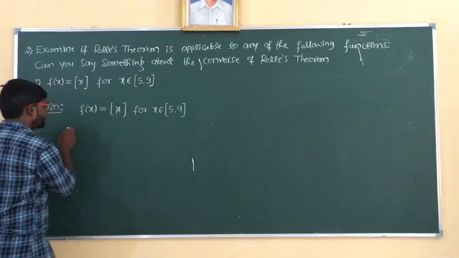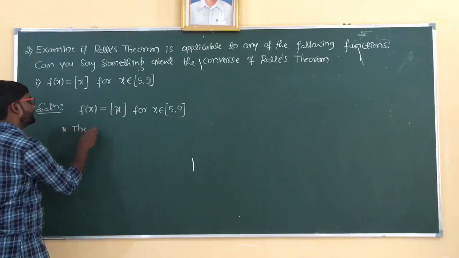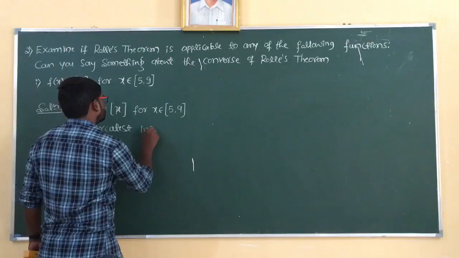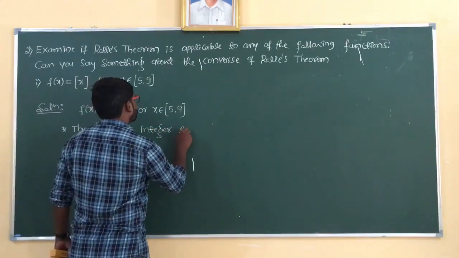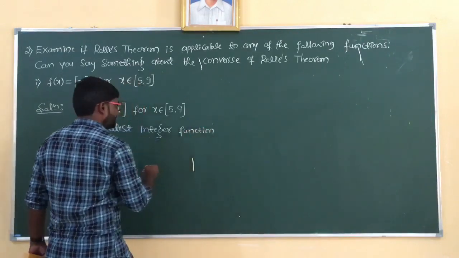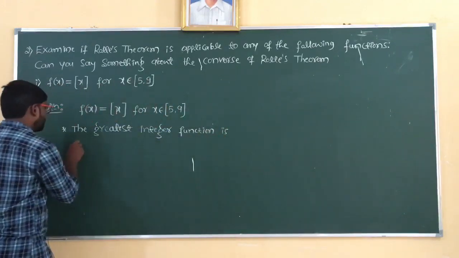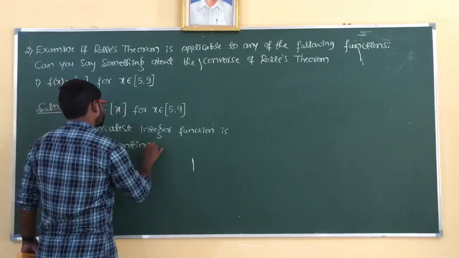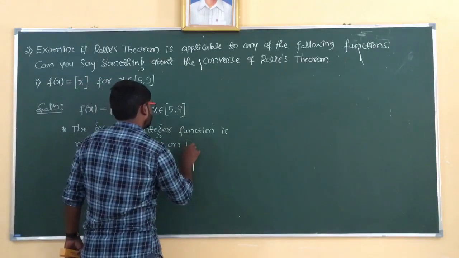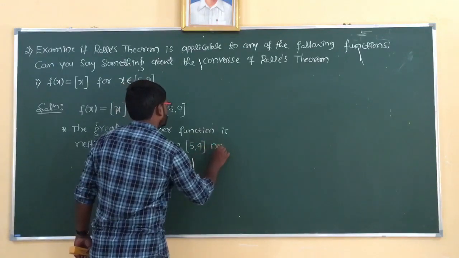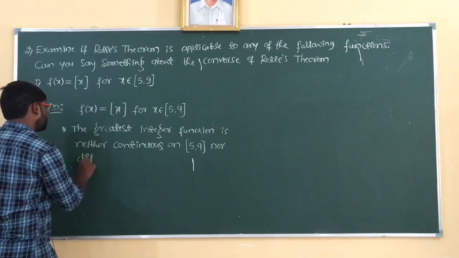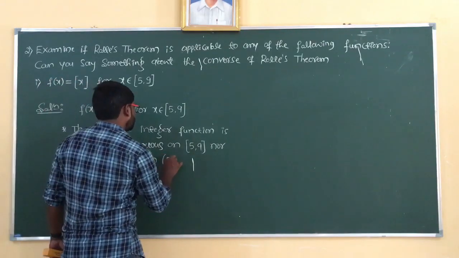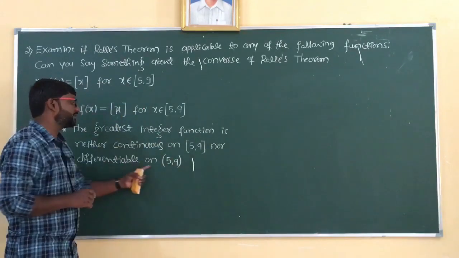See here, the first point: the greatest integer function is neither continuous on the closed interval 5 comma 9 nor differentiable on the open interval 5 comma 9.